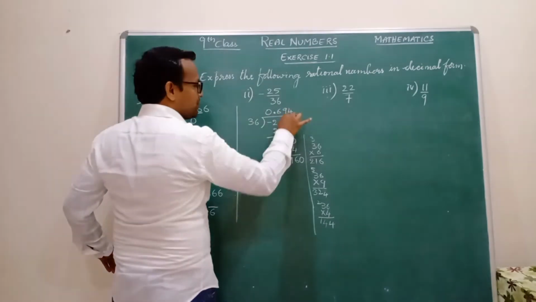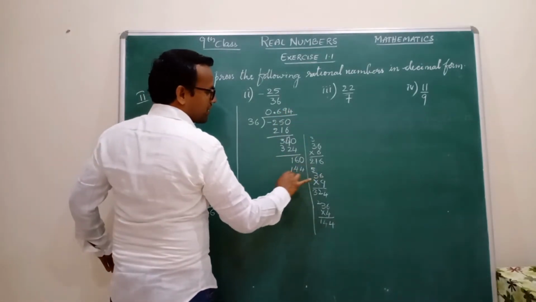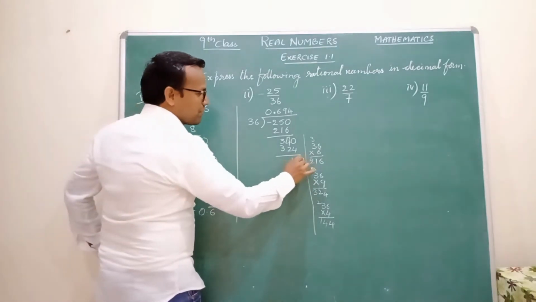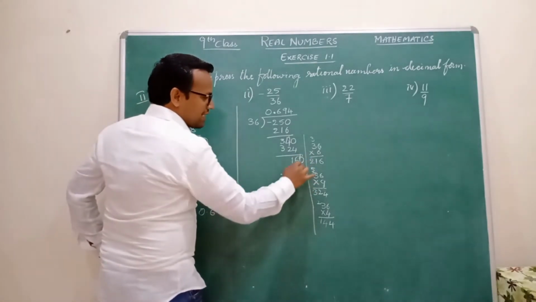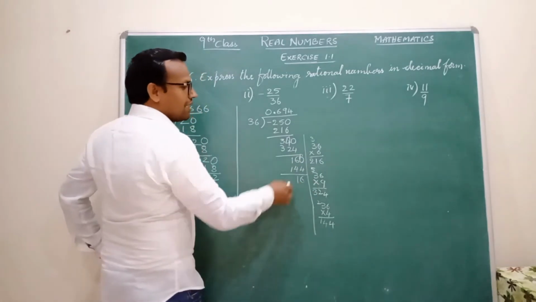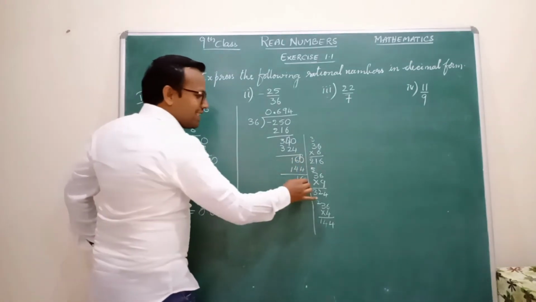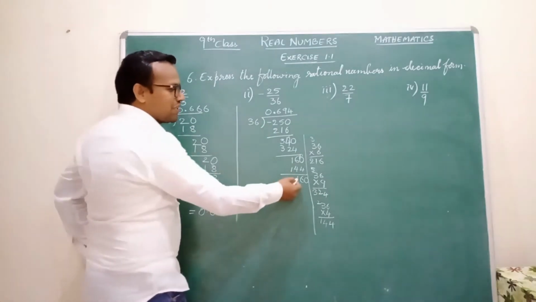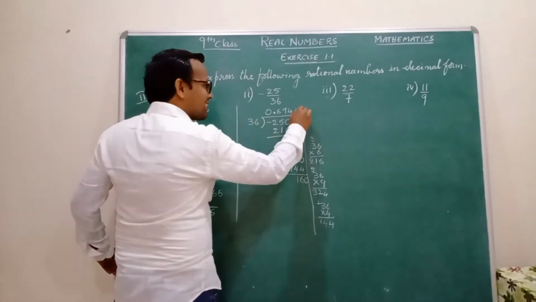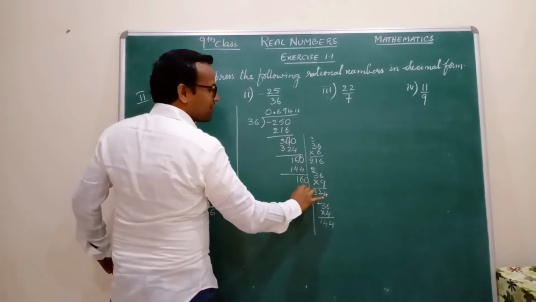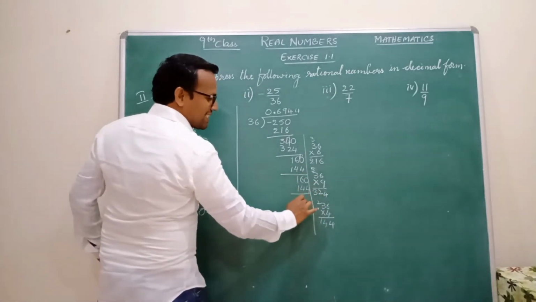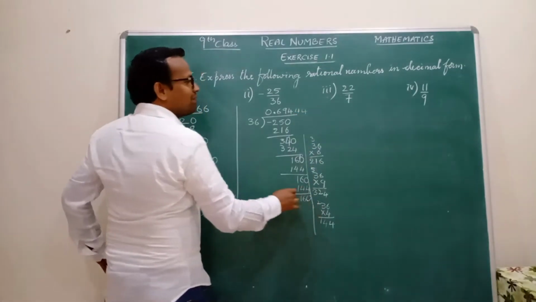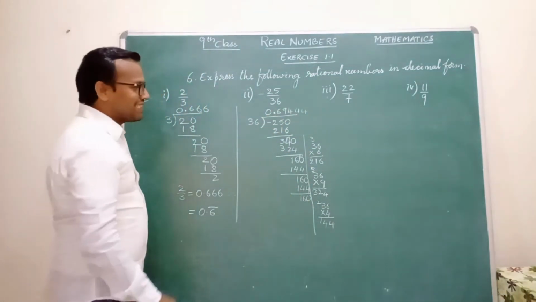So 36 4s are 144 and the difference is 160 minus 144, which is 16. Again 16 came and decimal point is there, so you can take 0, so 160. Again 36 4s are 144 and the difference is 16. Take 0, 36 4s are 144. So that means 4 is repeating here.